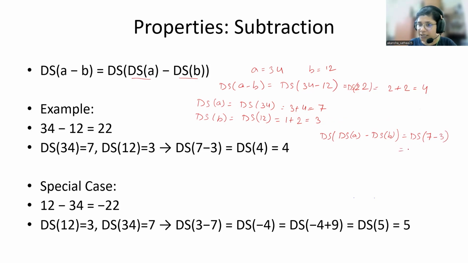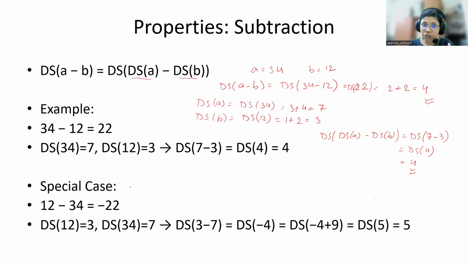So subtract it and you get digit sum of 4. It is a single digit, so digit sum of any single digit is that digit itself. So it is 4. You can see that it is the same. So for subtraction, you can individually compute digit sum and then do the operation, or you can first do the operation and then compute digit sum. Does not matter.